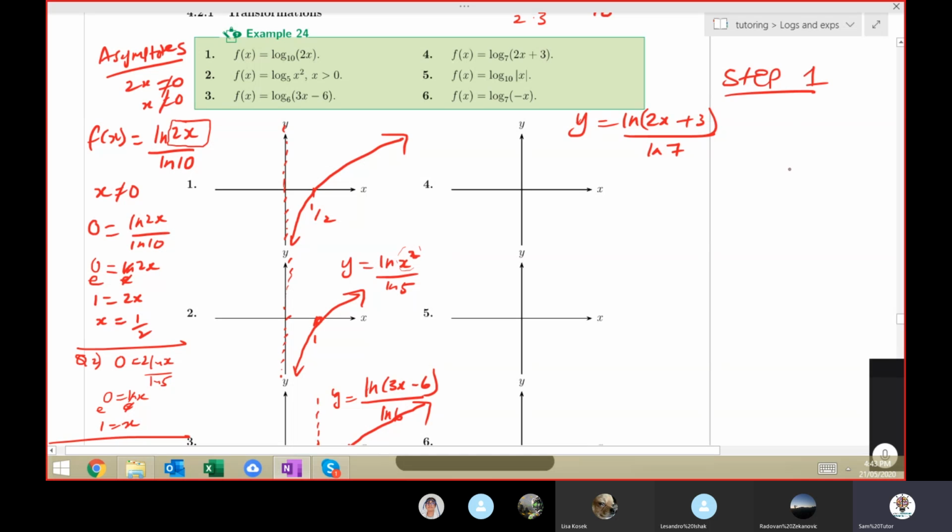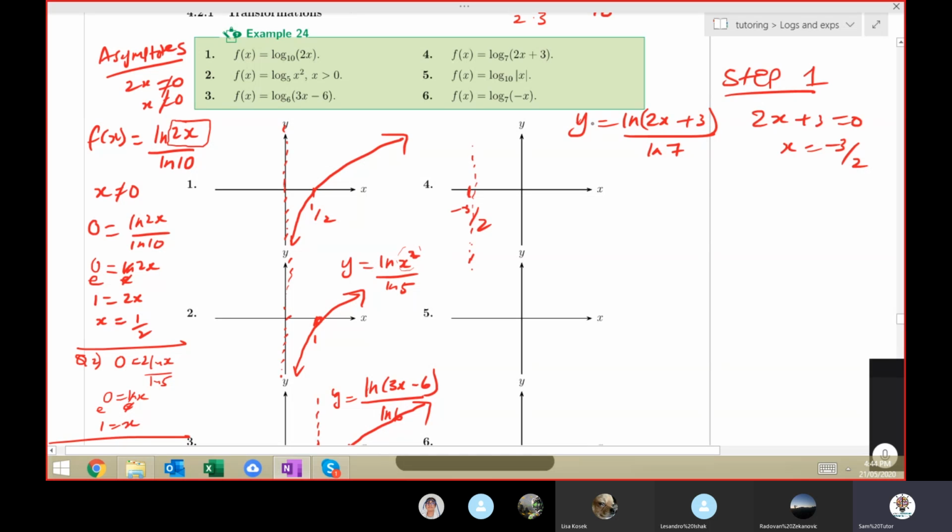What do I write? 2x plus 3. Sorry, Lisa. Okay, 2x plus 3 equals 0, and then x equals negative 1.5, so negative 3/2. So now we know if it's negative 3/2 or any number before negative 3/2, it's going to be a problem. So it's not going to be on the left hand side.